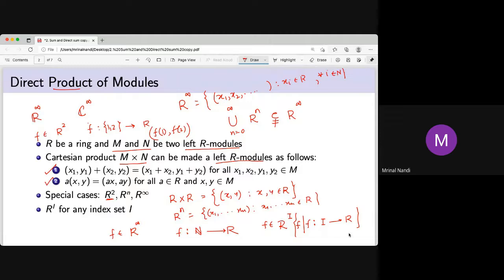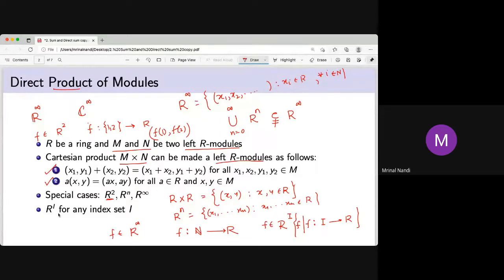Now, how do you make this R to the power I a module? Yes, we can make R to the power I a module. How do you add? You just add componentwise.